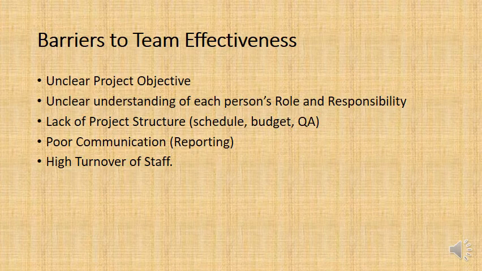Schedules are not kept, budgets are not kept, the quality is not done to a good enough standard. And also it can be down to bad communication. Often people complete their work packages, but that's not communicated up the line to the project manager, and so all of the post-requisite work packages that come off it do not start in a timely fashion, and various other things.